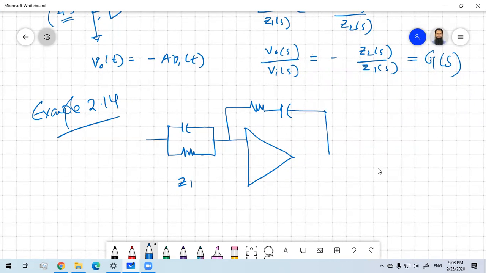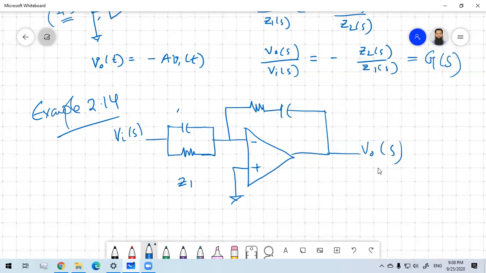Okay, so this is your V0(s), this is your Vi(s), and this is your virtually shorted V2, basically the non-inverting input, and this is your inverting input.